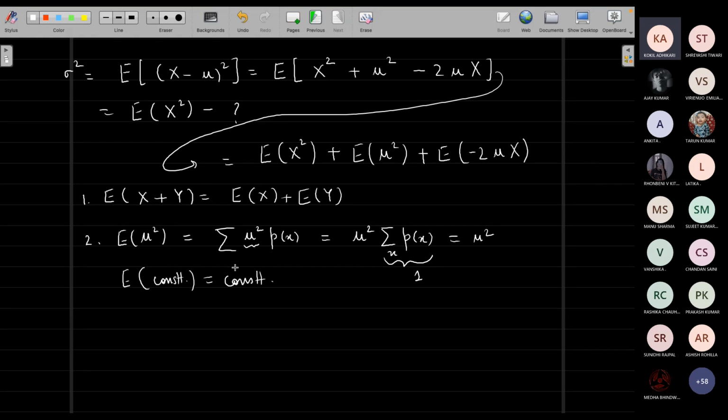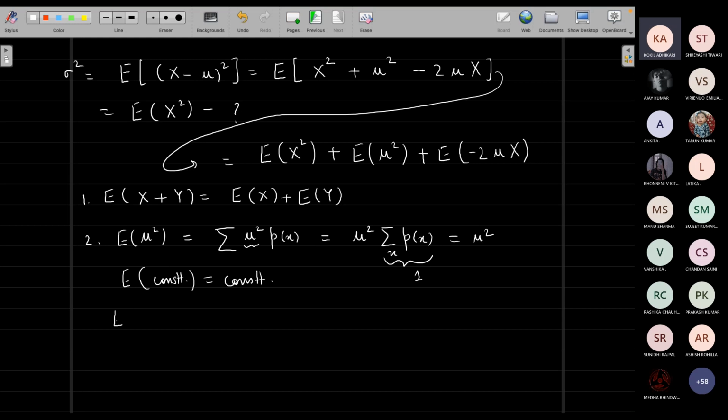Remember what the expectation value meant: if you repeat the measurement, how many times you get one value, how many times you get a second value, how many times a third value, and that is probability weighted. Now if the expectation value is taken for a constant, however many times you repeat that experiment, you are going to get just the constant. That is what it means: the expectation value of a constant is nothing but the constant. Fine. So the expectation value of this is mu square.